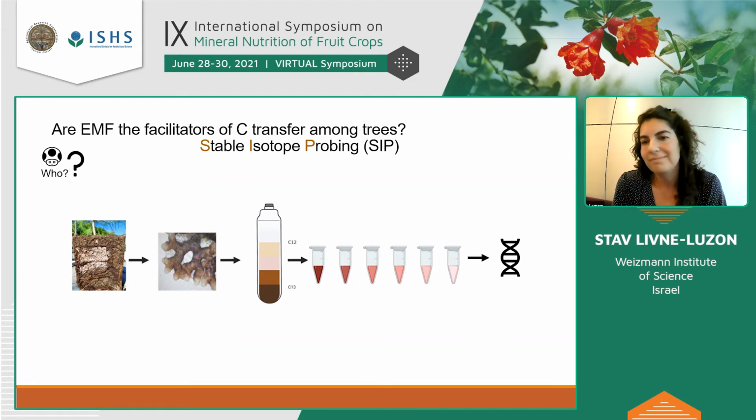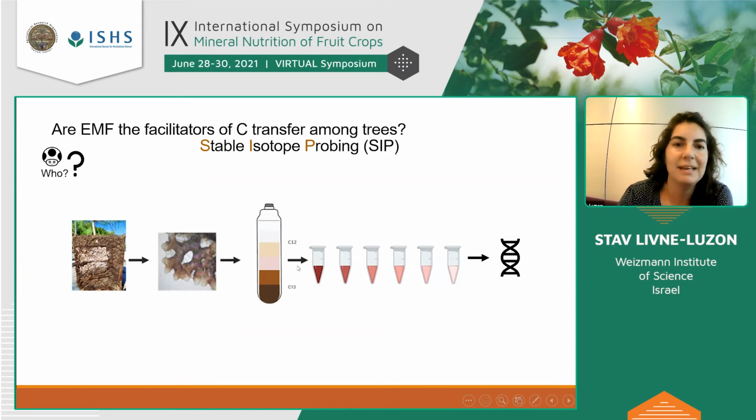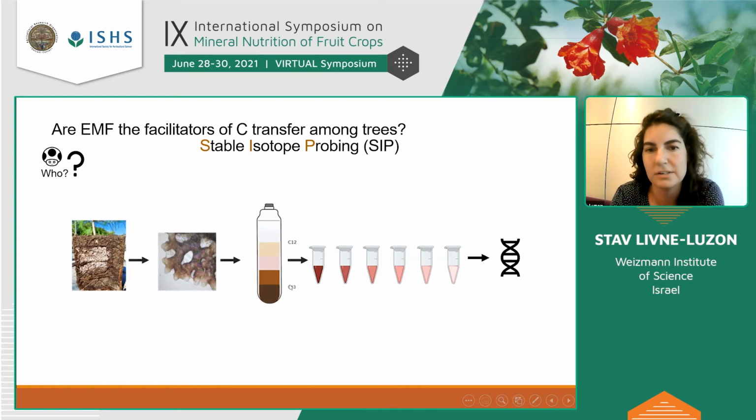So I won't dive deeply into the protocol, but what we basically do, we extract root tips, which is the area of association between the fungi and the plant. And from these root tips, we extract the DNA. We separate the DNA using ultracentrifugation into light and heavy fractions, where the heavy fractions are supposed to have the C13, and the light fraction would have the C12, because they differ in their density.